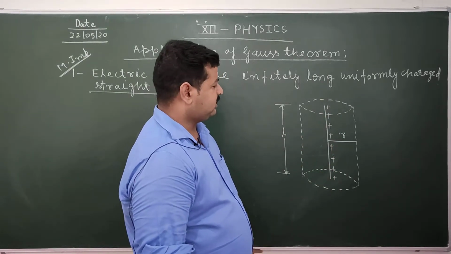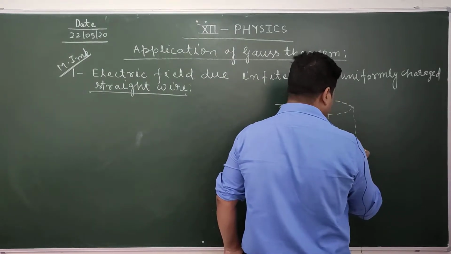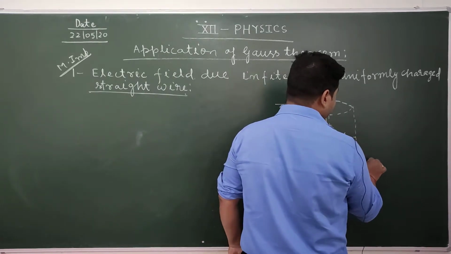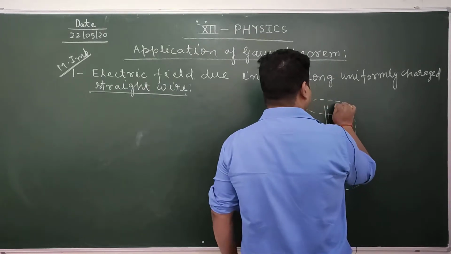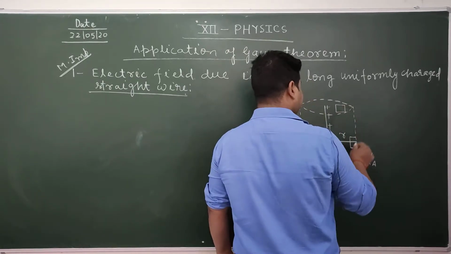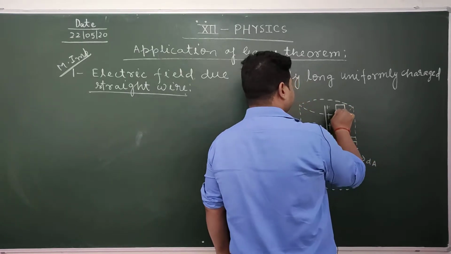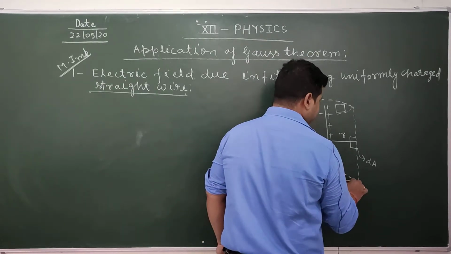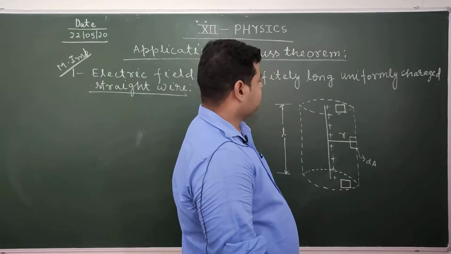So let us start. We assume a surface element on these segments. The area of this element is dA, and also assume a surface element on the top of the circular part, and here also we assume a surface element at the bottom of the cylinder.